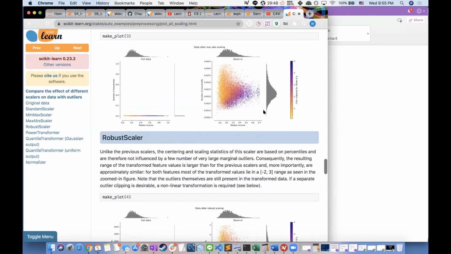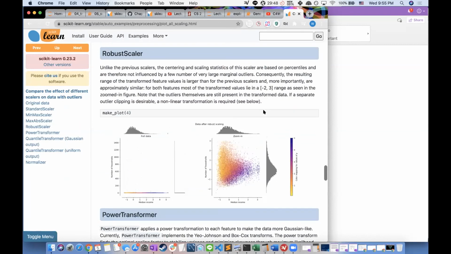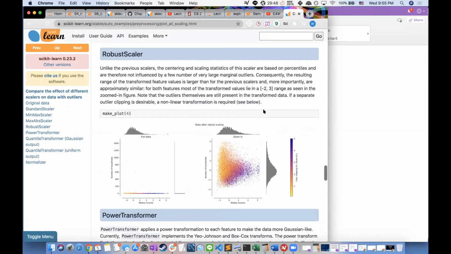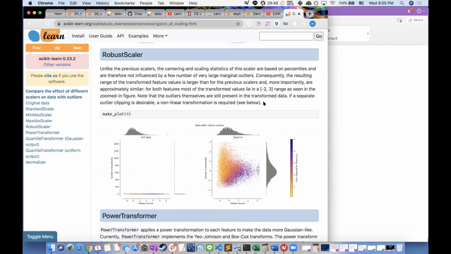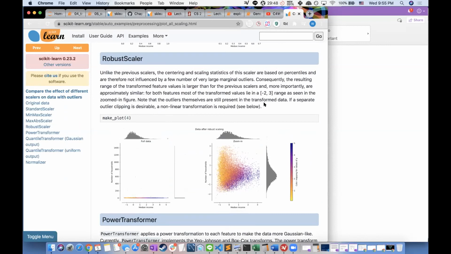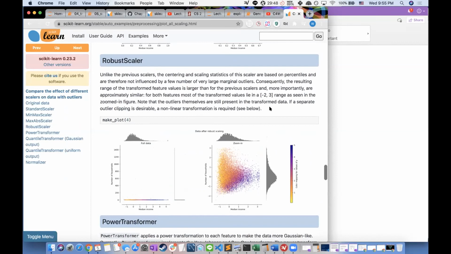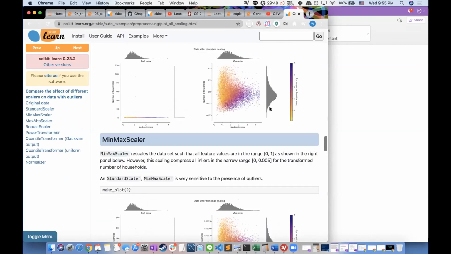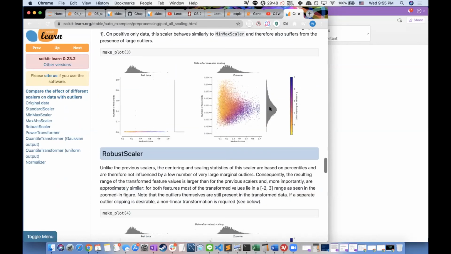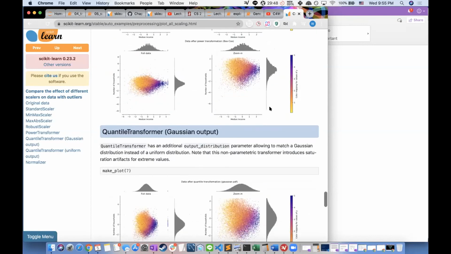And there are a bunch of other scalers, RobustScaler. I've seen people using this before. The Box-Cox transforms, which are pretty common, right below power transforms. That's pretty common in biomedical.